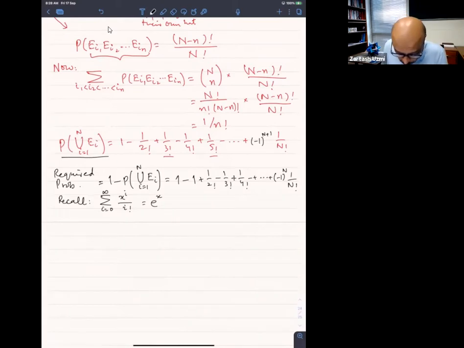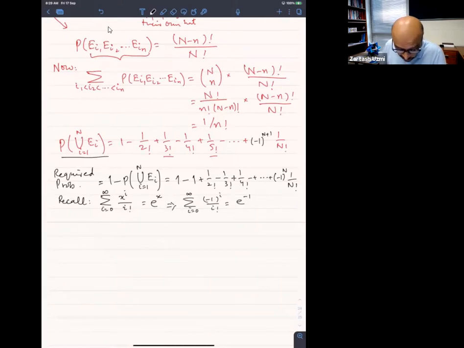Okay, so this implies that summation i equals 0 to infinity (-1)^i over i factorial is equal to e to the power minus 1. But that is for infinite.